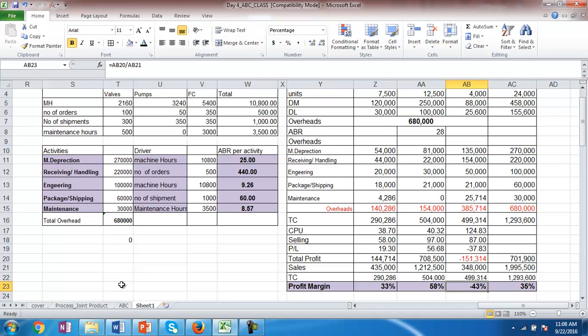So that means the loss of flow controller may be due to wrong pricing, and the wrong pricing may be due to wrong costing, and wrong costing is due to wrong allocation, apportionment and absorption of overhead. So we feel that activity-based costing will try to reflect the business reality. So cost allocation, apportionment and absorption based on activities will reflect the business reality. So the cost tends to be accurate under ABC.